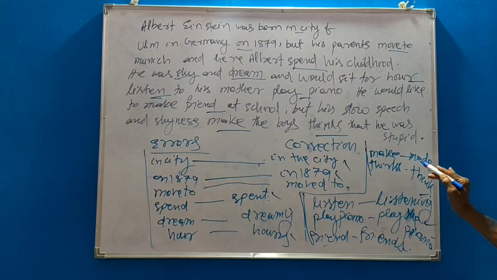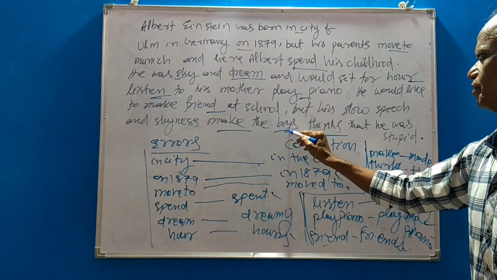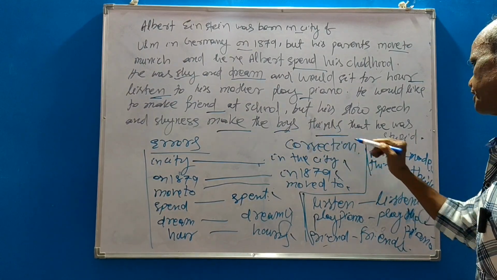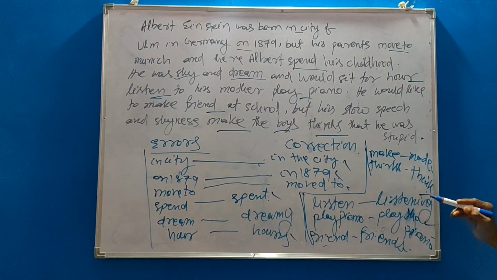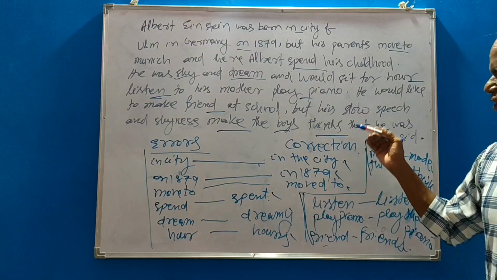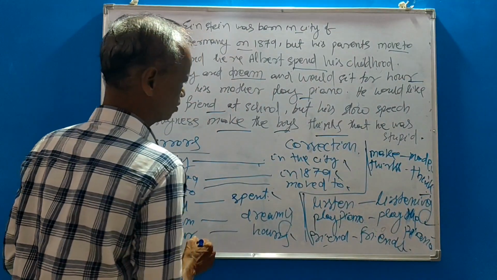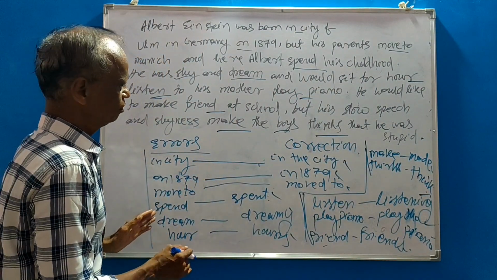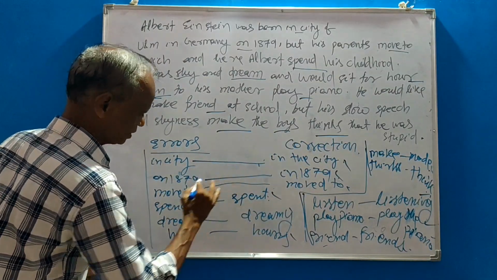Friends. Make, made. Think, thinks, think, because it is plural number. So you pick up errors serially and make the best correction.